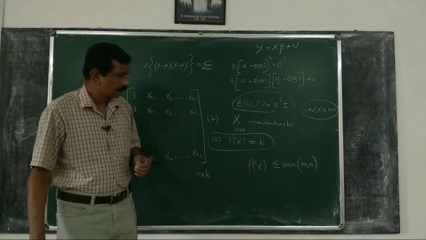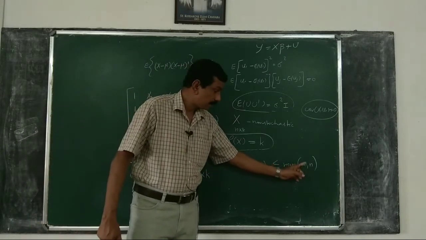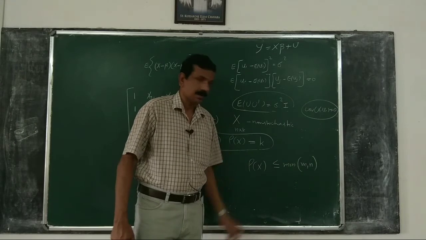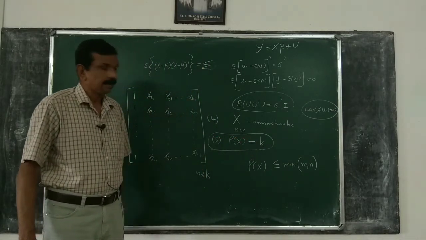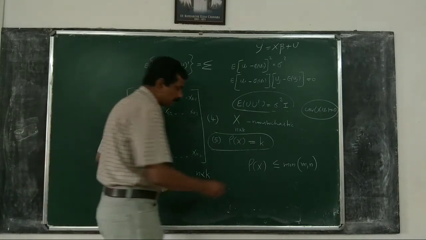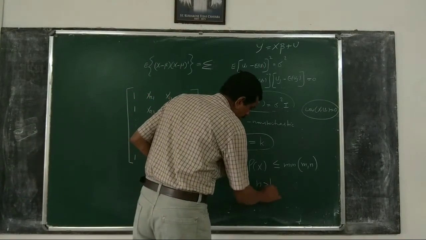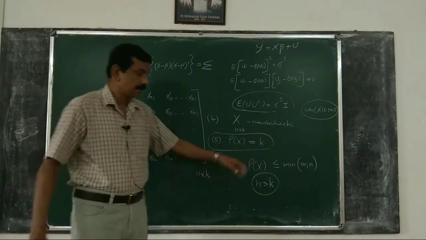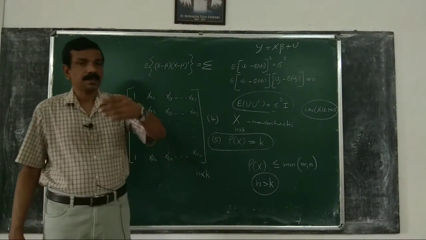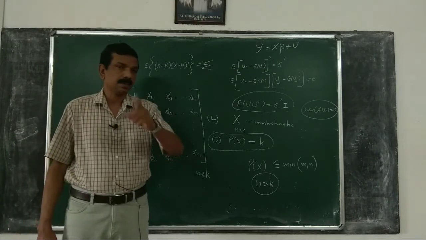If so, the rank of the matrix will be the minimum of rows or columns. So when I say that rank of X is equal to k, it also means that n is greater than k. This was an assumption we have discussed earlier. Sample size must be greater than number of parameters to be estimated.